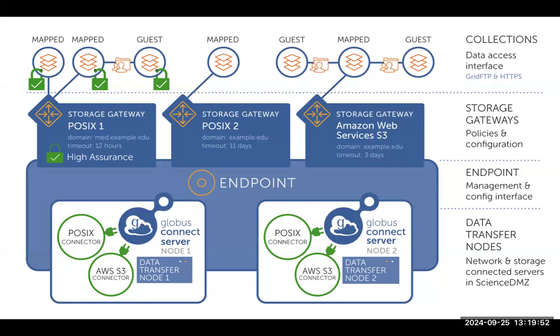The guest collection is basically what we used to call sharing in Globus before Globus Connect Server. And the idea is that a user will log in, access a mapped collection, and then provide access as themselves to other users using Globus. So they can share some subset of the data space that's available within a collection.